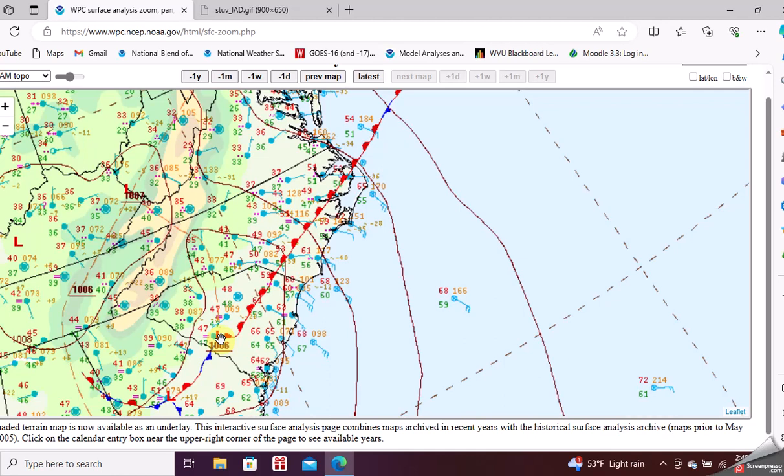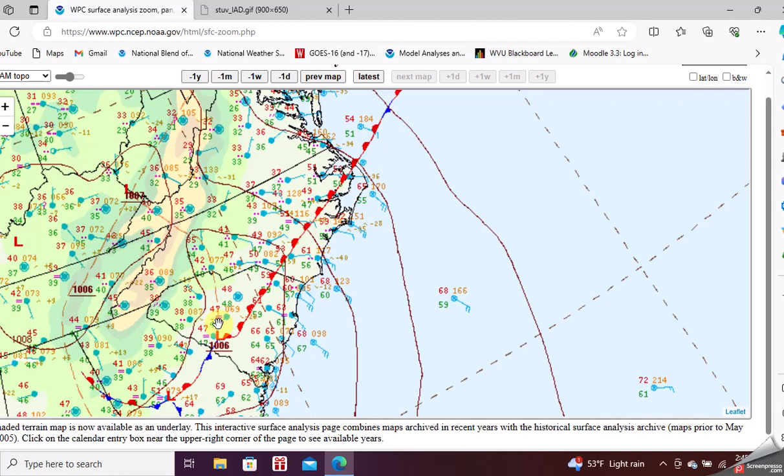Where in all of this mess do I find pressure? Well, look at this one right here. Probably Columbia, South Carolina. All right. Very upper right-hand corner, you see three numbers, 0, 6, 9. That is the surface pressure.